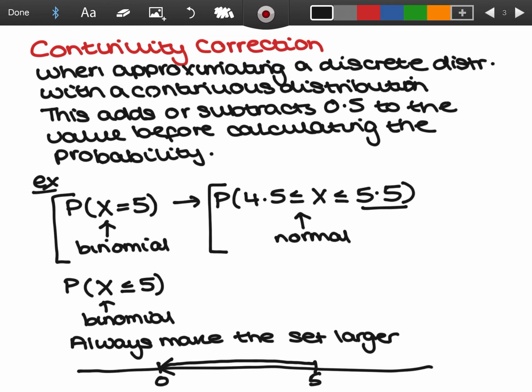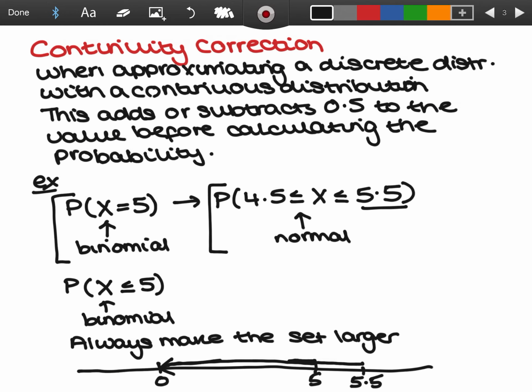When you put this into normal distribution to approximate it, we need everything that can round to 5, but we need to make this set larger. So I'm not going to include the values where I'm going to round down. I'm actually going to come up here, up to 5.5. Anything up to 5.5 still rounds down to 5.